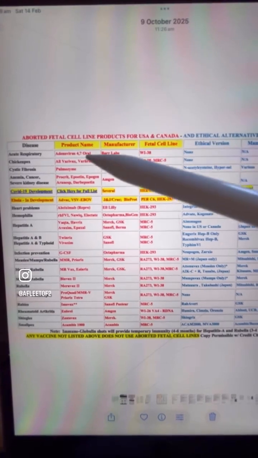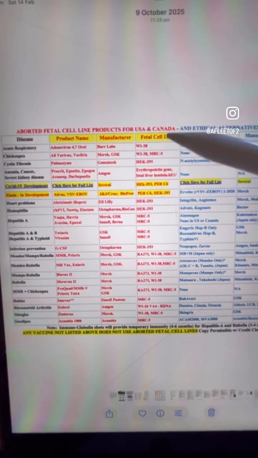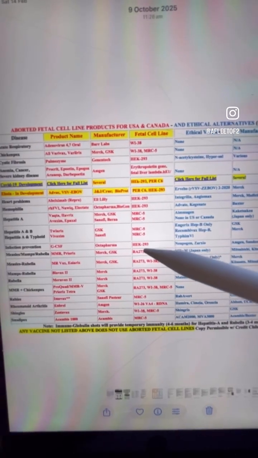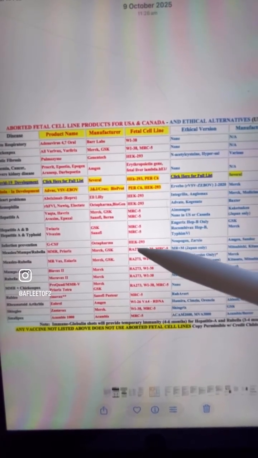And then you can see these aborted fetal cell line products for the US and Canada. So you have all of these fetal cell lines: WI-38, MRC-5, HEK293, RA27.